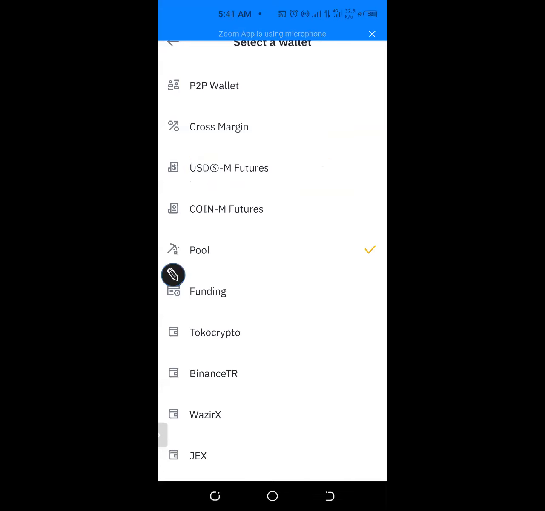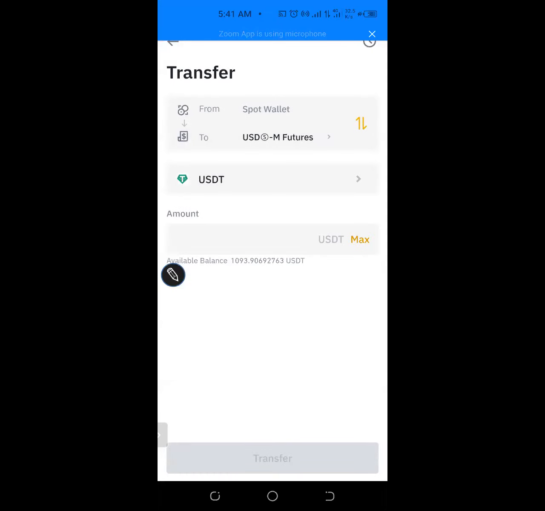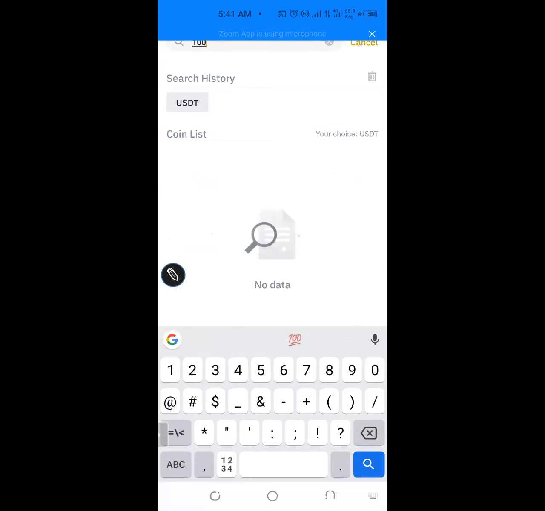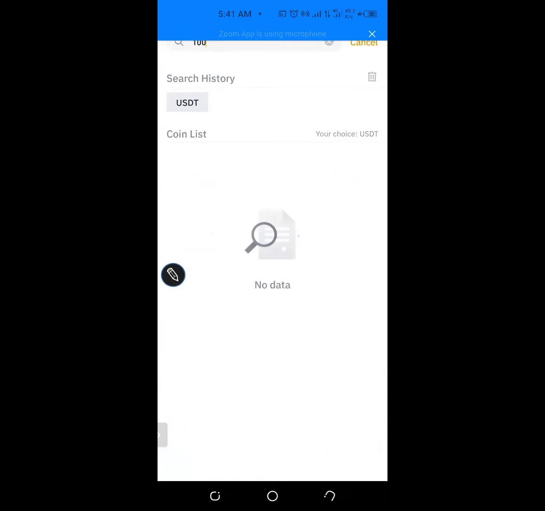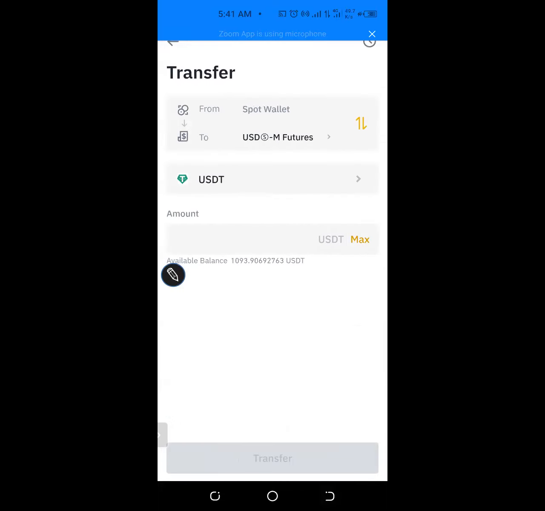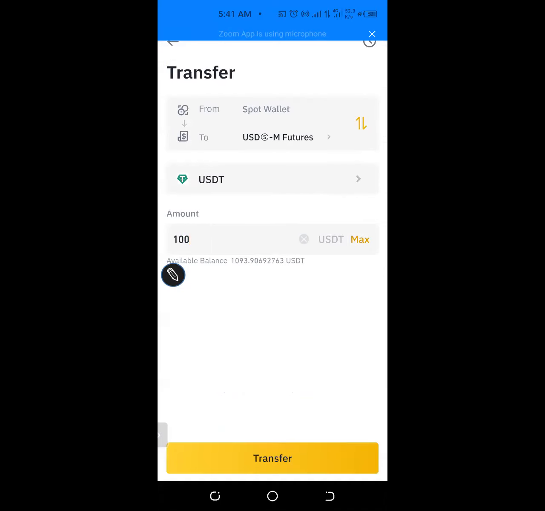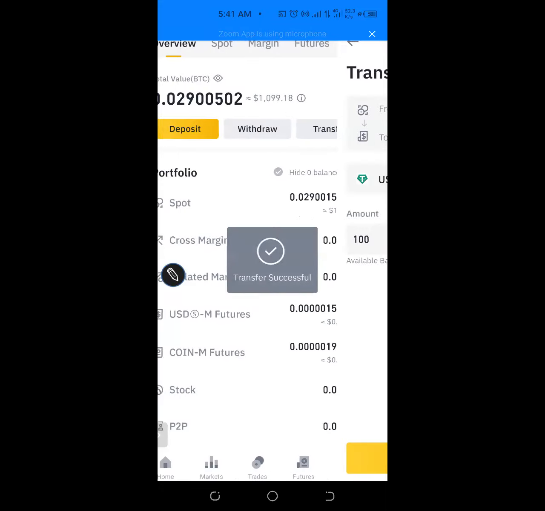So I will transfer $100. I select USDT, I put the amount, I'll put $100 and I'll transfer it. So it's gone.